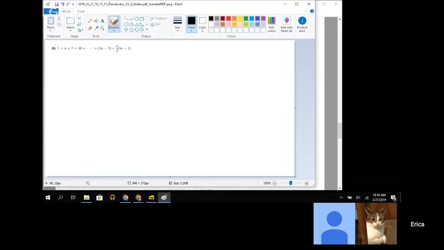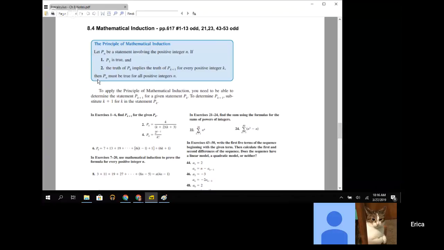But if I want to know what all of those numbers added up equal, they're proposing that it would be n divided by 2 times 3n minus 1. So what I have to do is determine: is that a true statement or not? I do that by doing mathematical induction. First we need to prove: is P sub 1 true?